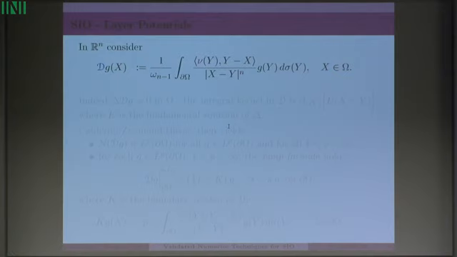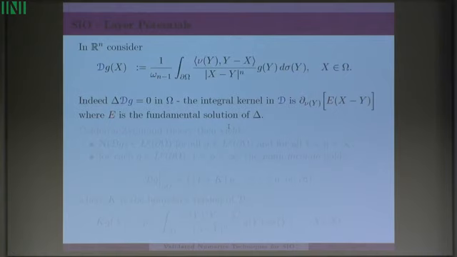It turns out that this indeed is a very good mechanism for generating a lot of harmonic functions. So the kernel here is nothing else but the normal derivative of the fundamental solution of the Laplacian. Here E stands for the classical radially symmetric fundamental solution of the Laplacian in R^n.